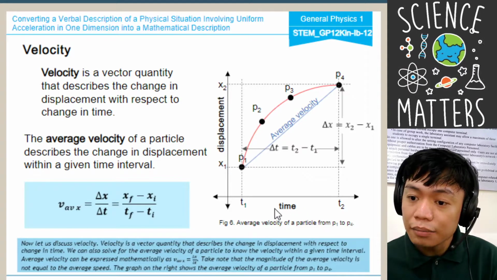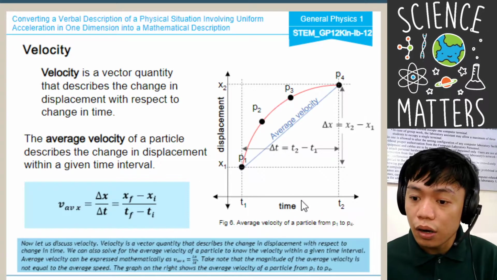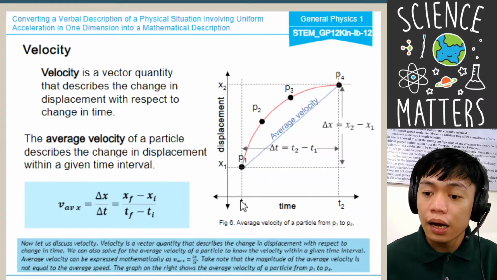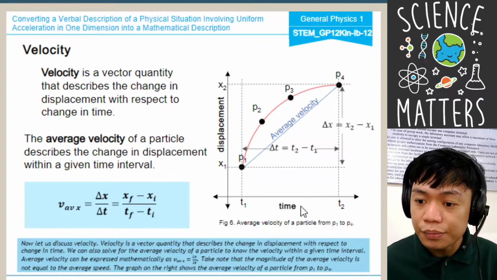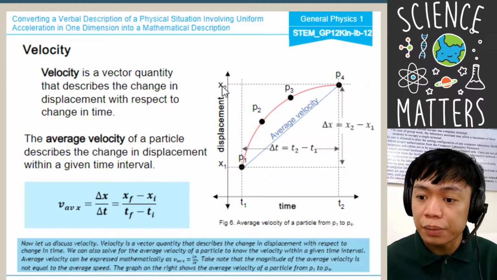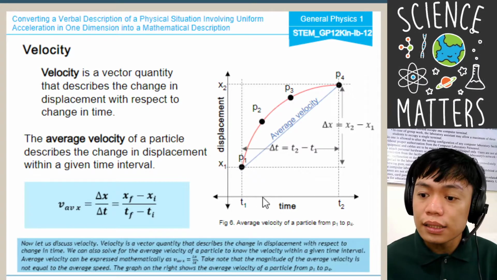So in this illustration, this is the time, and the x-axis of the Cartesian coordinate plane symbolizes the time, and the y-axis symbolizes the displacement. Now, let us see.